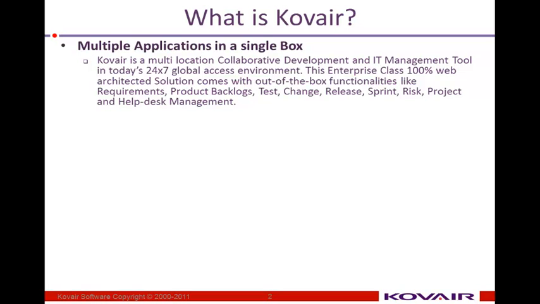Also, we have the release and sprint management, Scrum management, etc. On the ITSM side, we have the implementation of ITIL version 3, which includes service request, incident, problem, change, CMDB, also the knowledge base. Now, each of these applications is 100% web-based, and it is web architected from the ground up, and this is perfect for a 24/7 global distributed team.